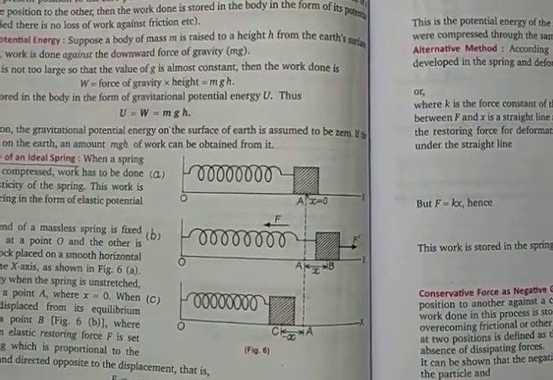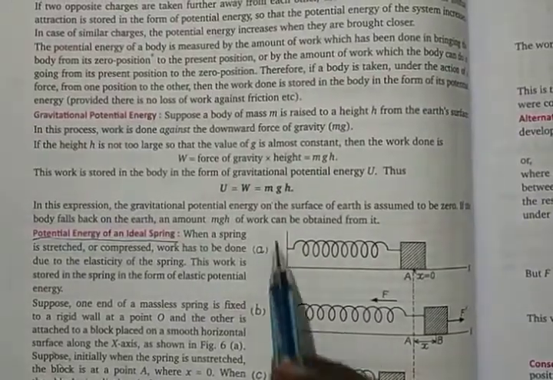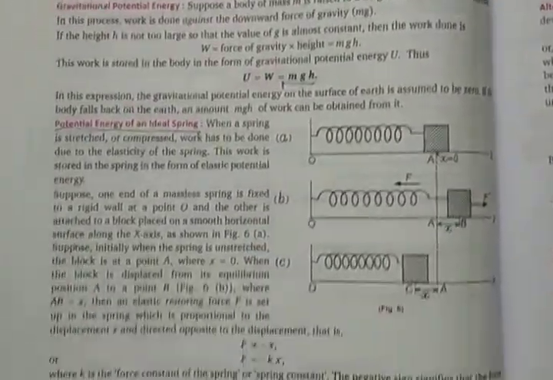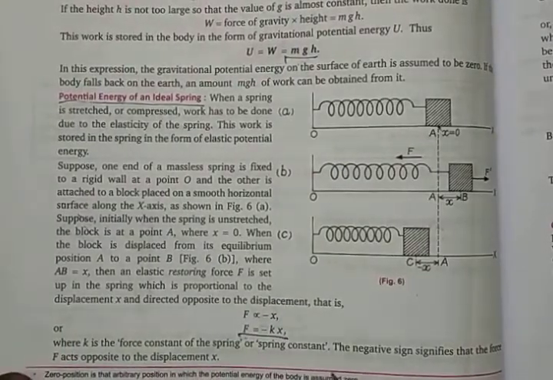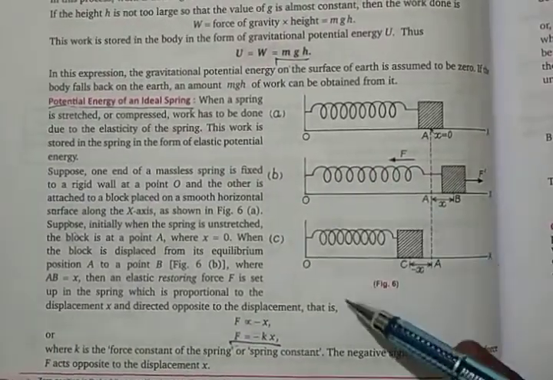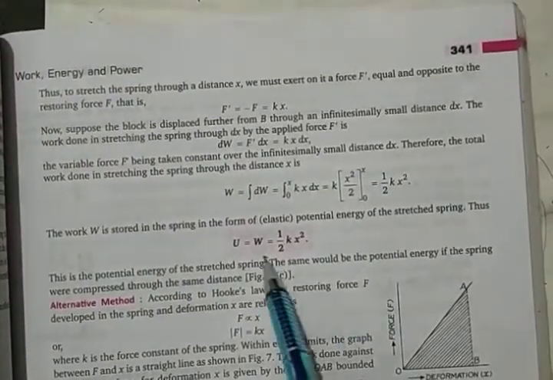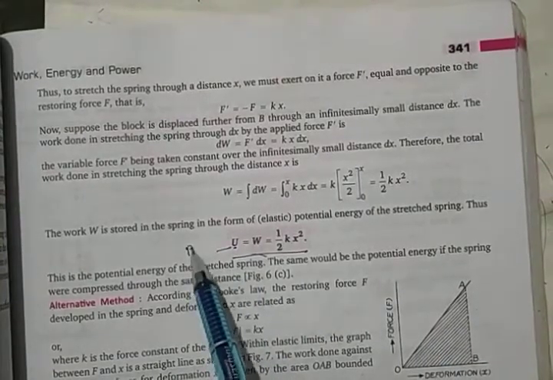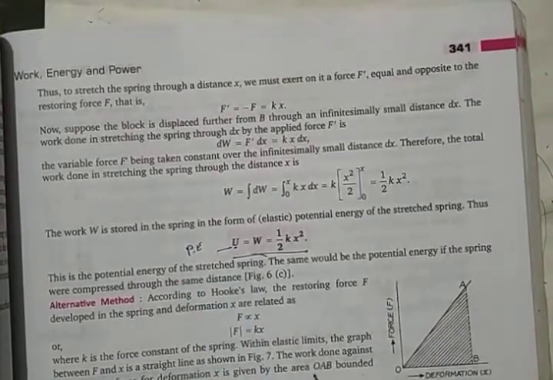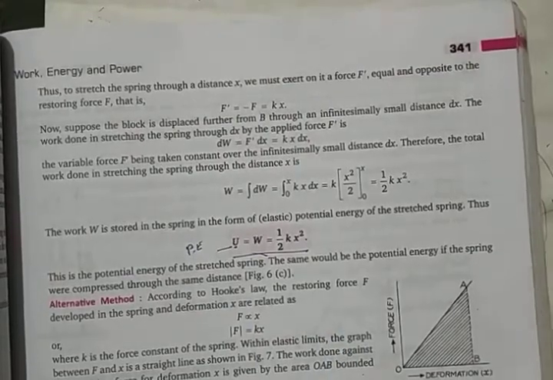The first is gravitational potential energy, mgh, and then the potential energy of the spring is explained in detail. The first part is the restoring force, the derivation starts here, and you derive W equal to half kx square. Whenever you put U, that is potential energy, half kx square.